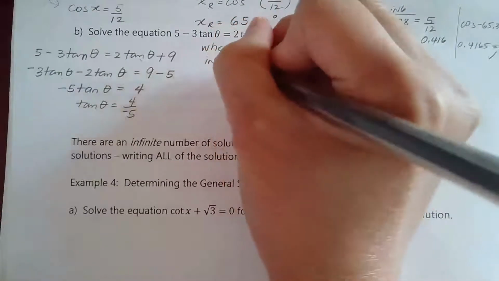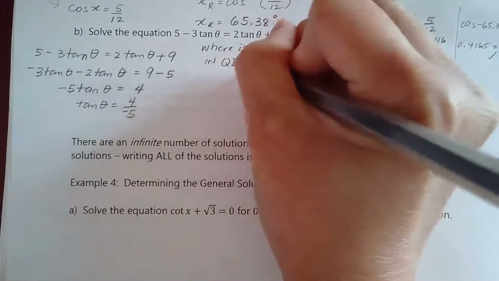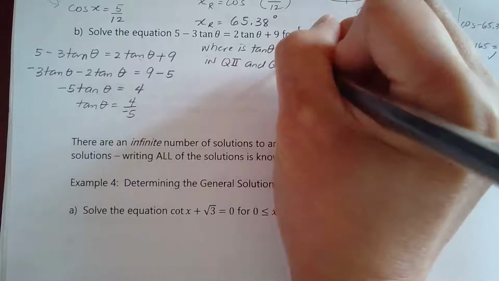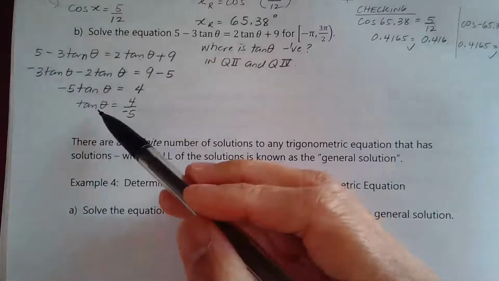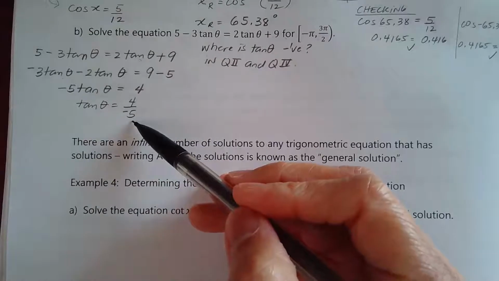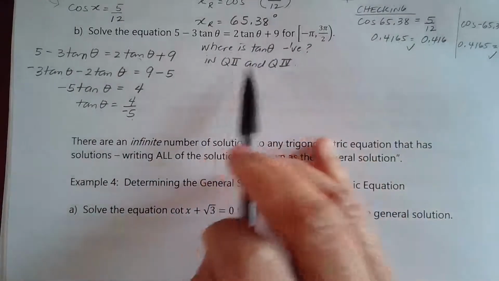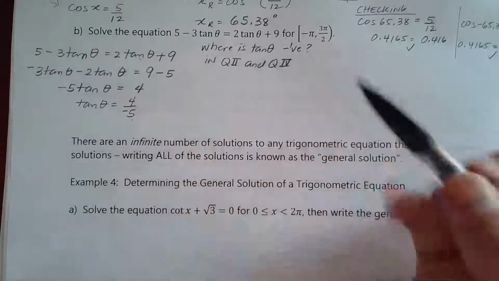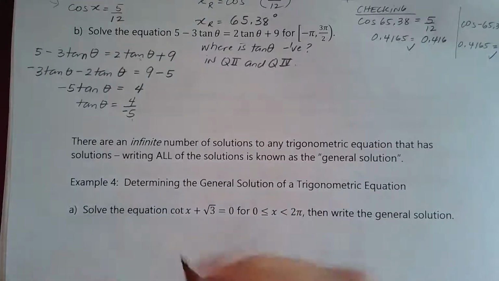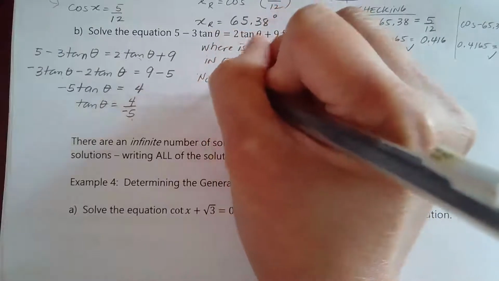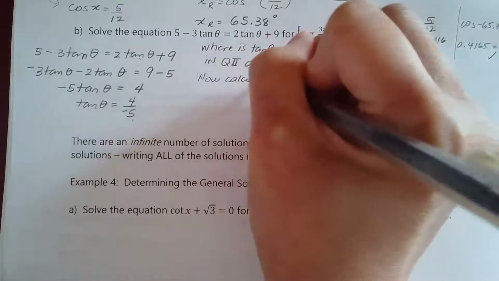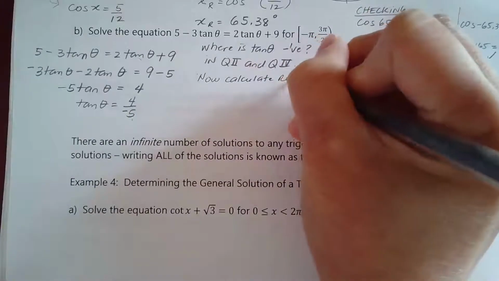So what we're going to do first is figure out the reference angle, and then we can figure out where the angles are in quadrant 2 and quadrant 4. For now, calculate the reference angle.